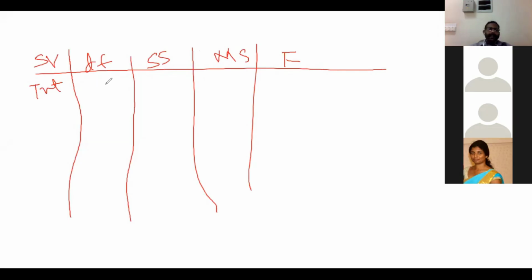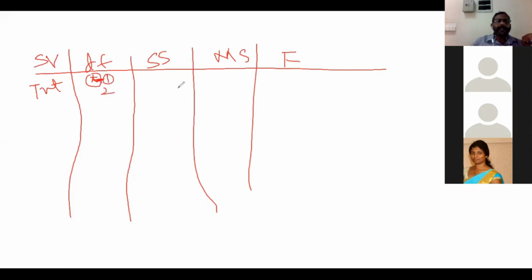How many treatments were there? 3. Look at the formula: T minus 1. So T is 3, minus 1, is 2.